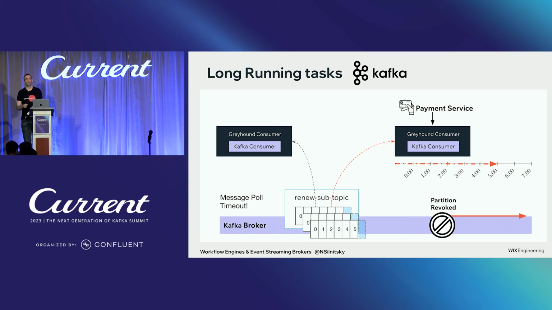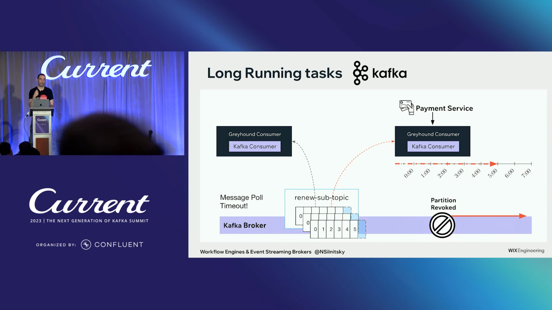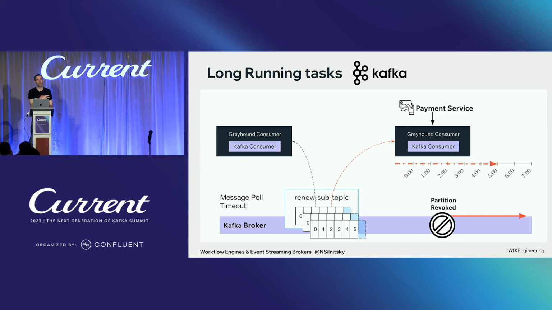You probably want to get the partition revoked from you only when you finish processing the message. And if that takes a long time, you actually get the partition rebalance protocol stuck waiting for you to allow the partition to get revoked, and then you're lowering the throughput here, right?